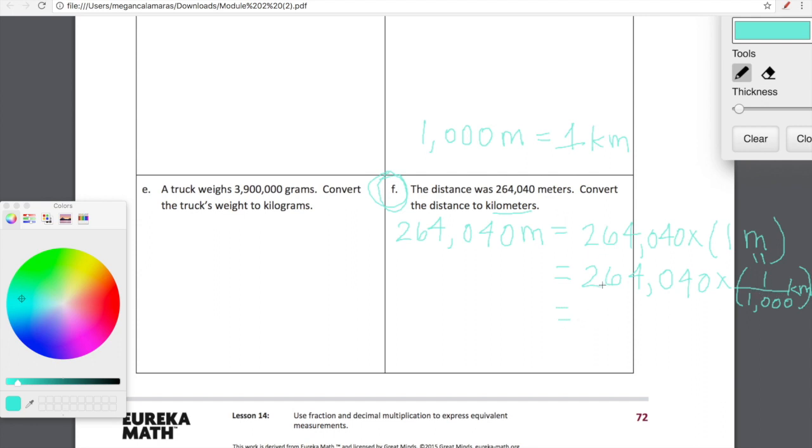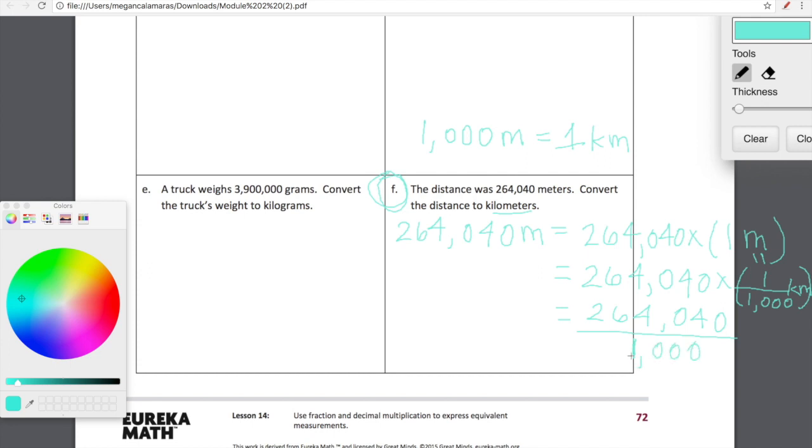We're going to multiply 264,040 times 1,000th. So we'll multiply this number times 1, and we will get 264,040, and the denominator for 264,040 is 1. Anything times 1 is that number.